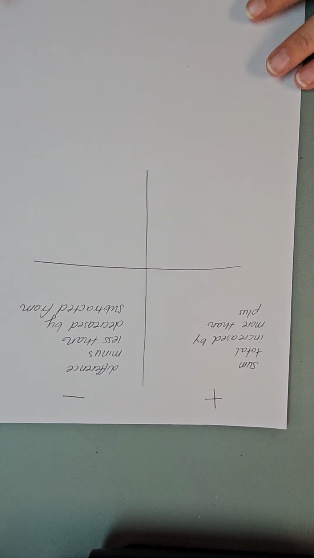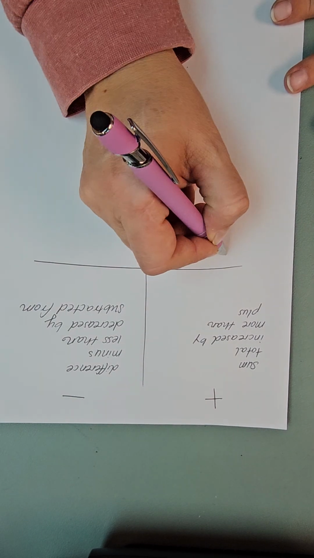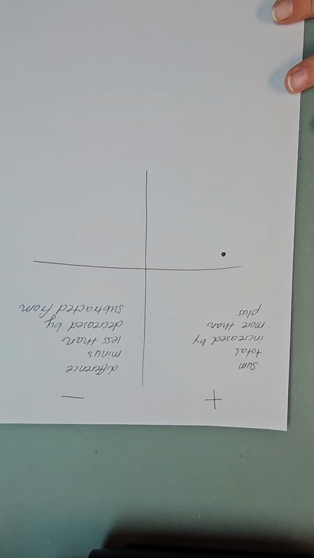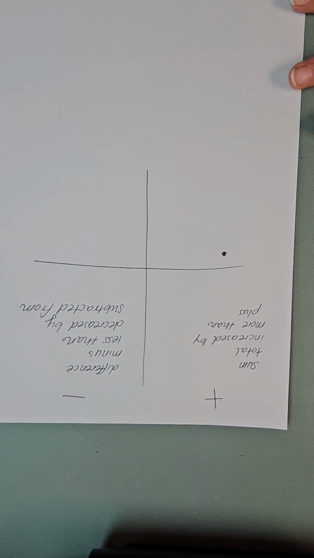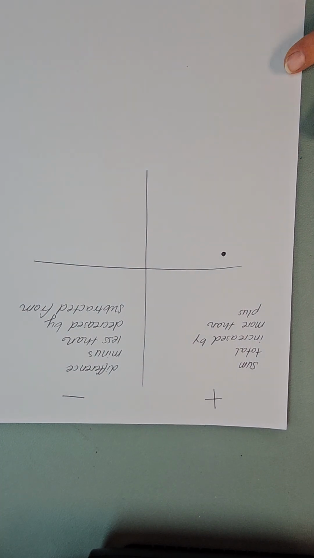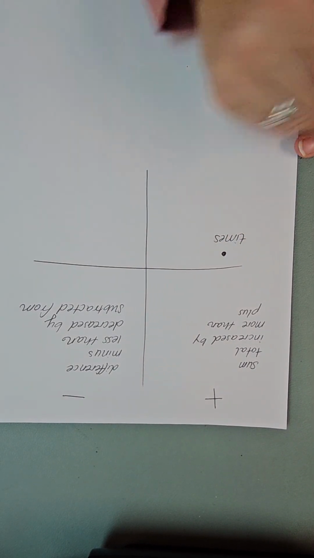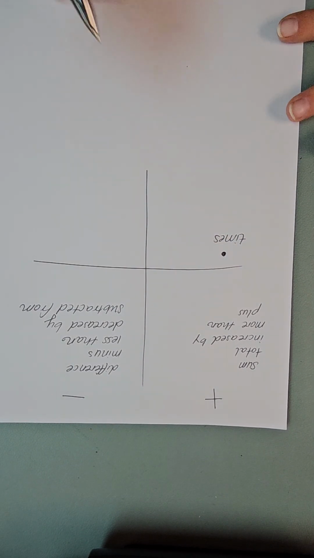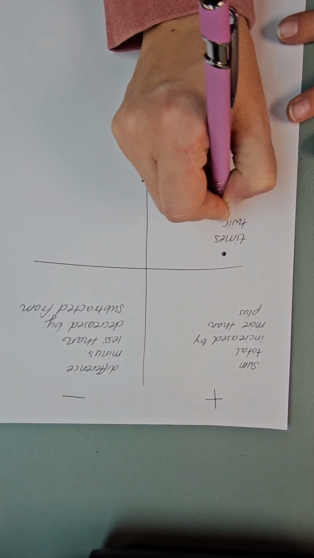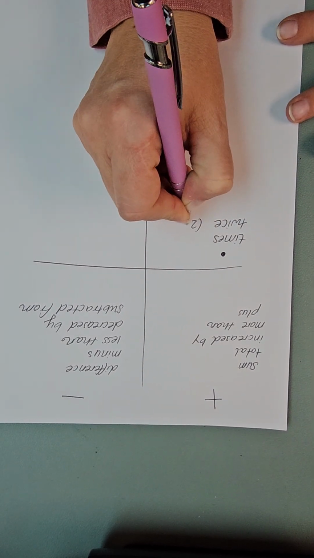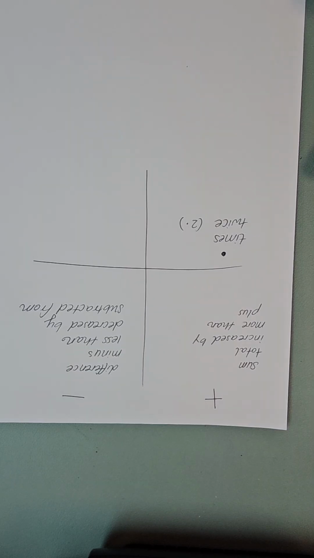Then our third operation we have to look at is multiplication. Okay, so multiplication can be tricky. I know you all know the words times, or if something is twice, that means 2 times, right?